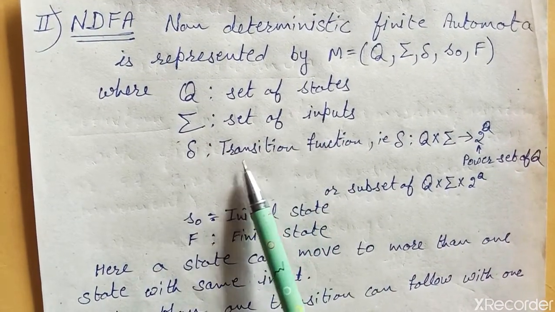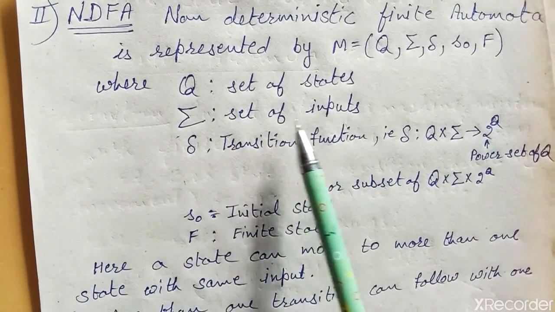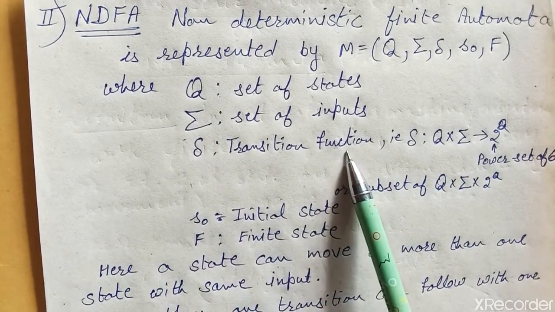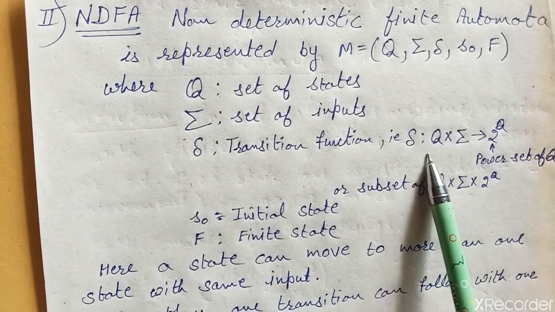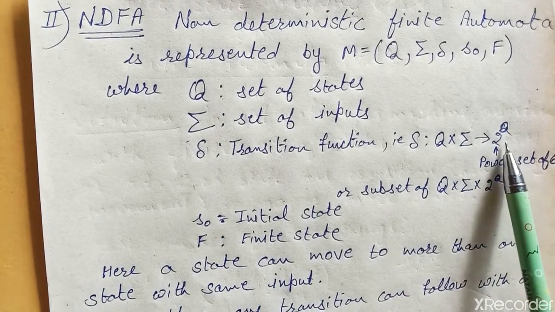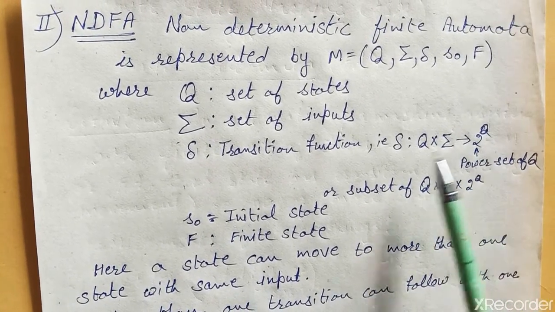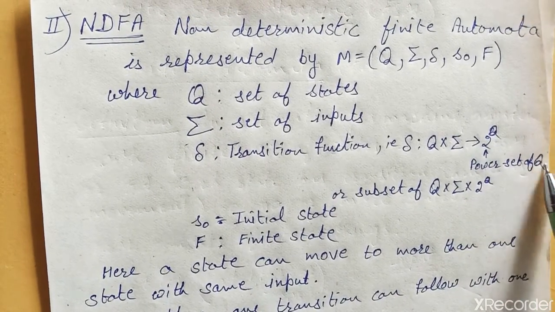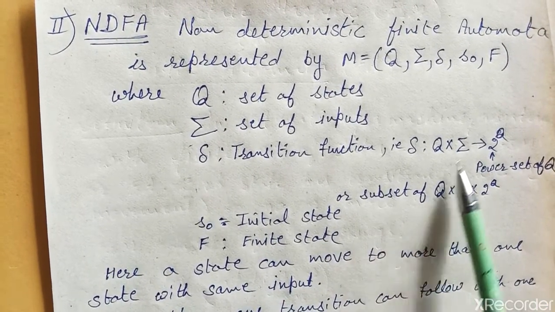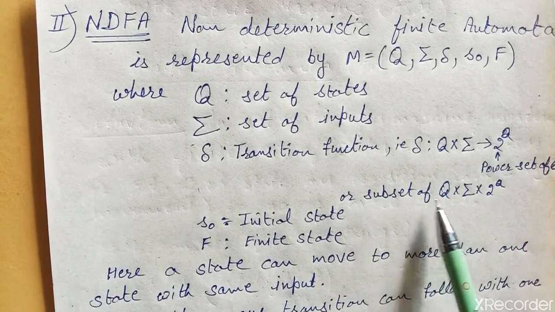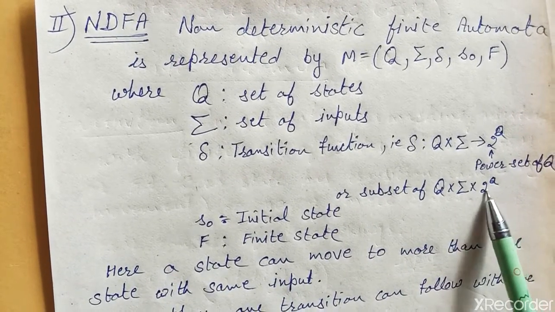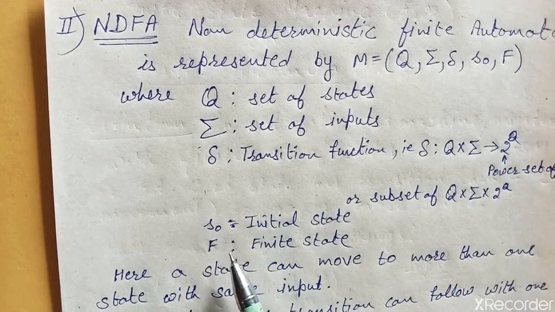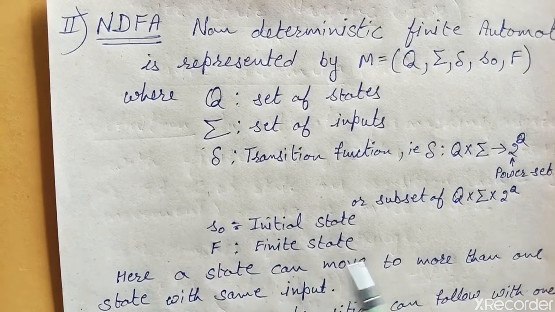So as usual, Q is set of states, sigma is set of inputs, delta is transition function. Here transition function is slightly different. Codomain for this transition function is 2 raised to the power Q. That means power set of Q. Or you can say this transition function means a subset of Q cross sigma cross 2 raised to the power Q. S0 is initial state and F is final state.